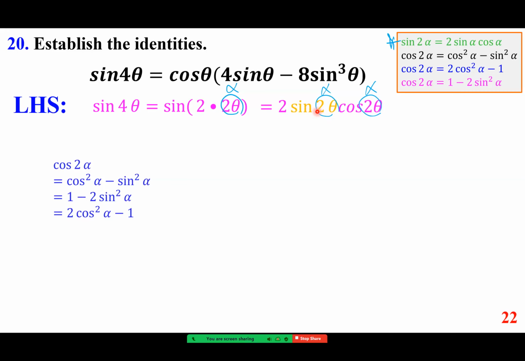Sine of 2 theta is 2 sine theta cosine theta. What is cosine of 2 theta? Well, there are different ways of using it. We're going to go with sine. Cosine of 2 theta, I can use this one, I can use this one, but I'm going to use this one because this is sine: 1 minus 2 sine squared alpha, and I'm going to change it to theta. Okay, everybody?